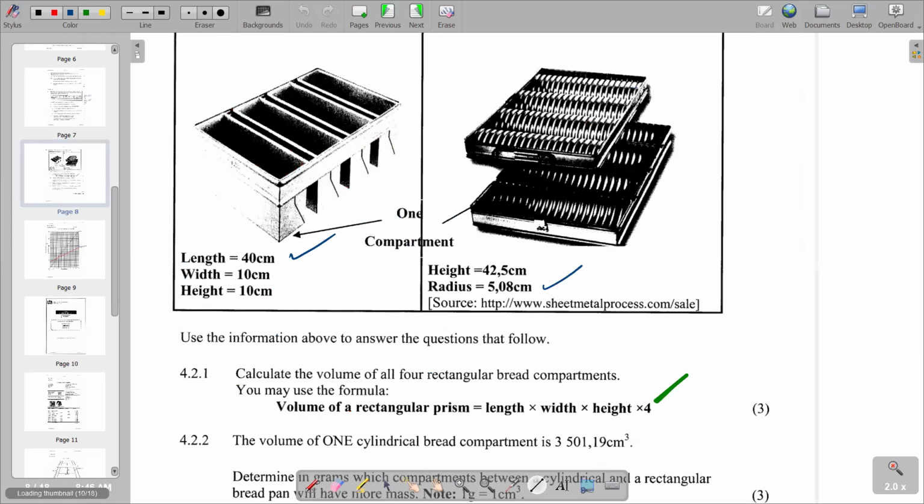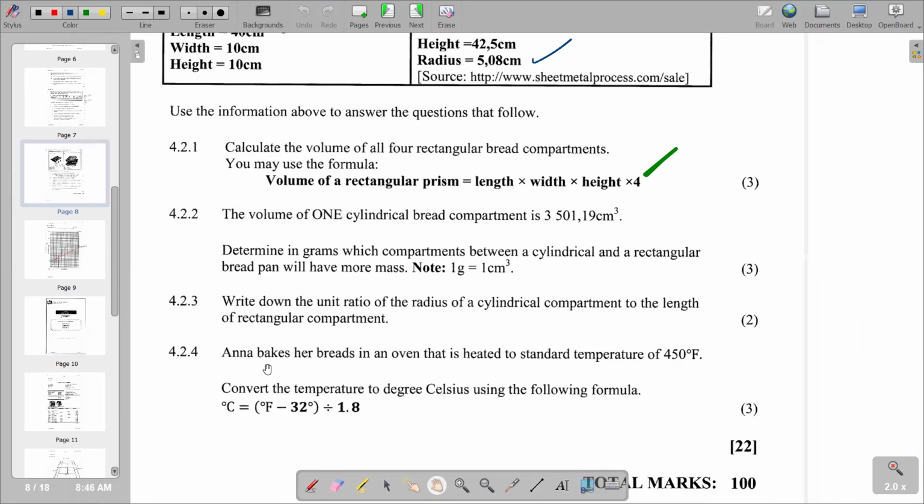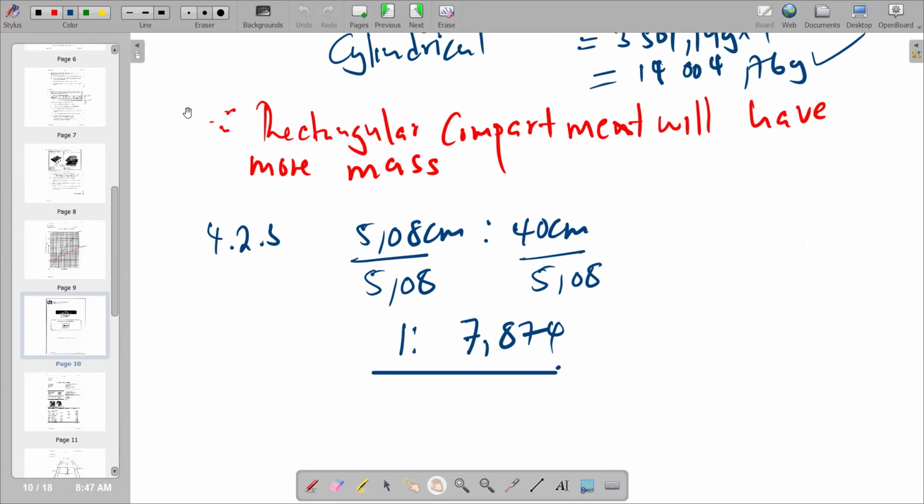And moving on to the next part, which is 4.2.4. Anna bakes a bread in an oven that is heated to a standard temperature of 450 Fahrenheit. Convert the temperature to degrees Celsius using the following formula.